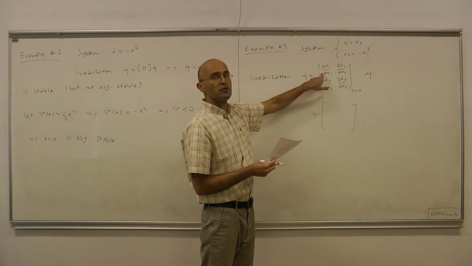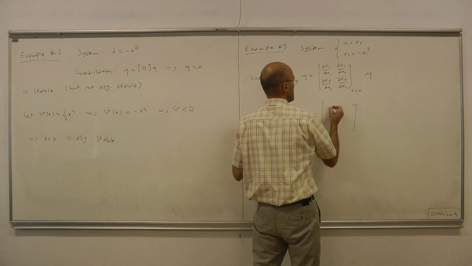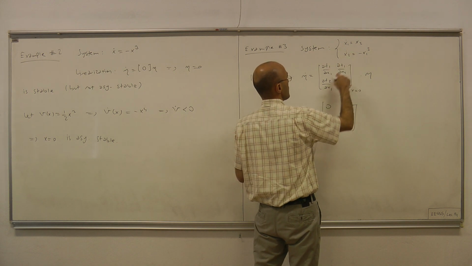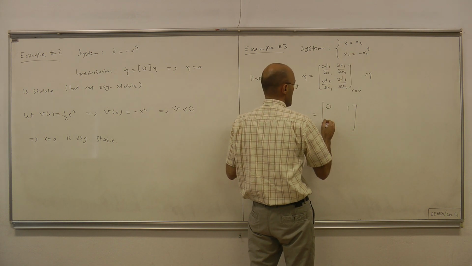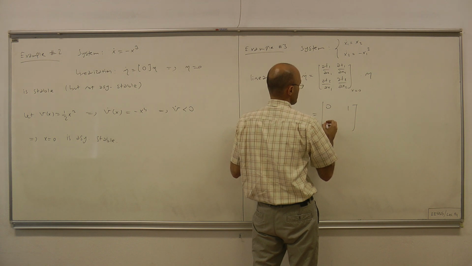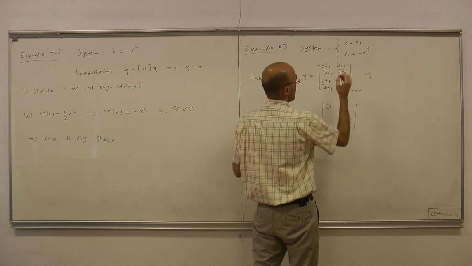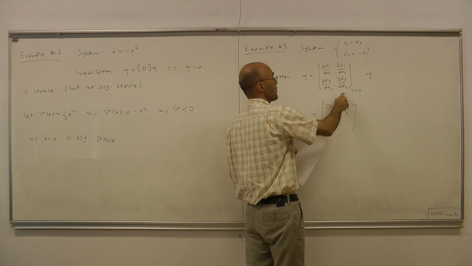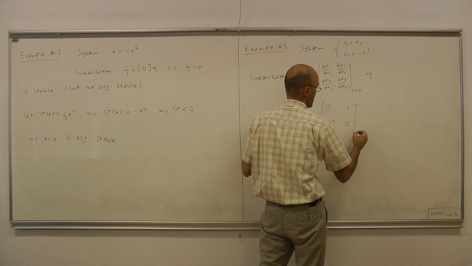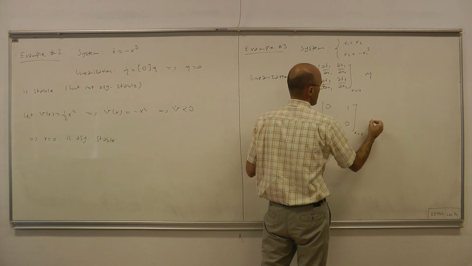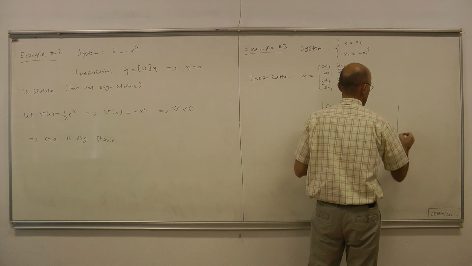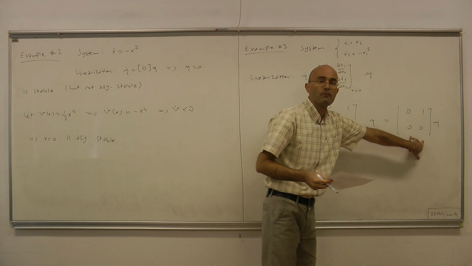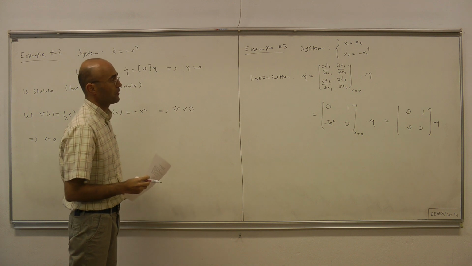Partial of f1 with respect to x1 is 0. Partial of f1 with respect to x2 is 1. Partial of f2 with respect to x1 is minus 3 x1 squared. Partial of f2 with respect to x2 is 0, and then you evaluate this at x equals 0. That's [0, 1; 0, 0]. Okay, so this is your A matrix for the second order example.